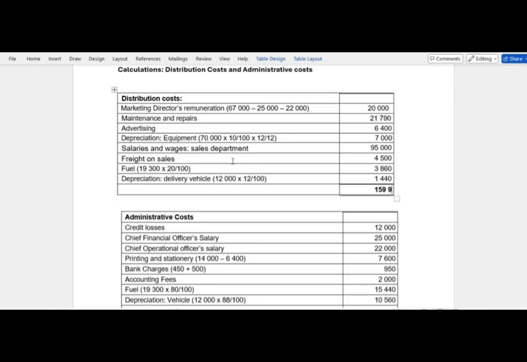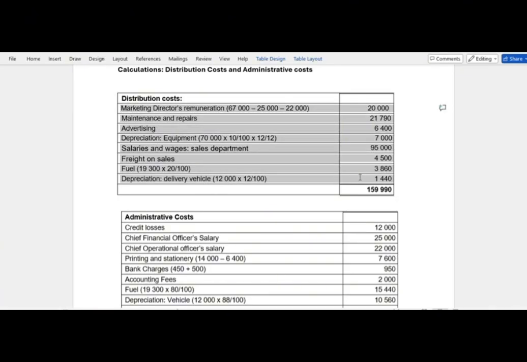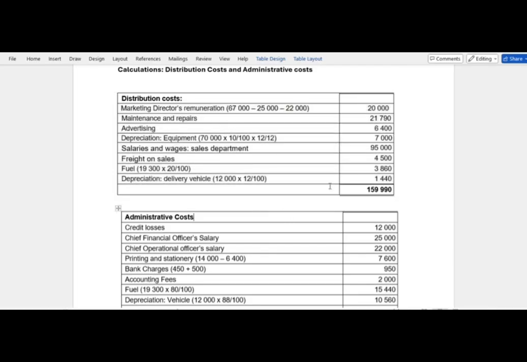All right, now I'm getting 159,990. So you can double check if that answer is correct, but all the calculations that we have done, all of them here, they are correct. Even these amounts, I believe they are correct. So those are our distribution cost, and you will take this amount as the total to the statement of profit or loss and other comprehensive income.